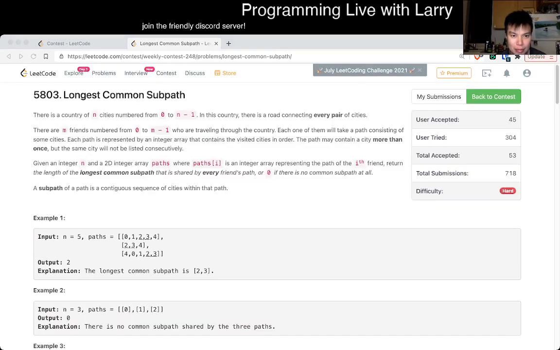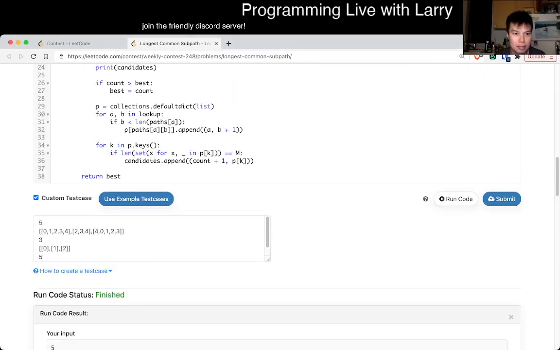But I mean, that'd be funny if you just needed to do suffix tree or something. Maybe, yeah.